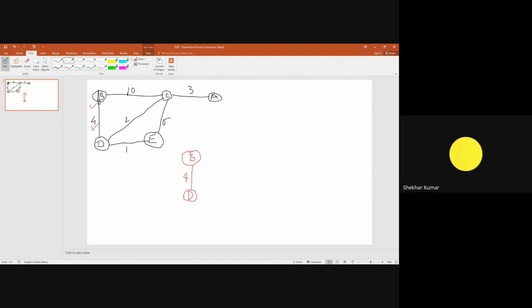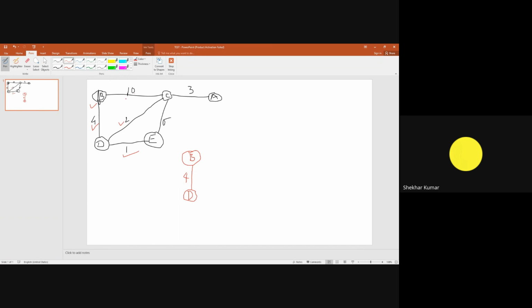There is one edge connected with B, and the cost of this edge is 10. And there are two edges connected to D: D to C, that cost is 2, and D to E, the cost is 1. Then we will select the minimum weight among all the other edges.